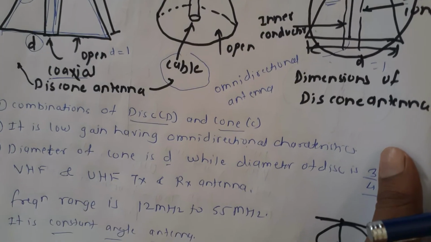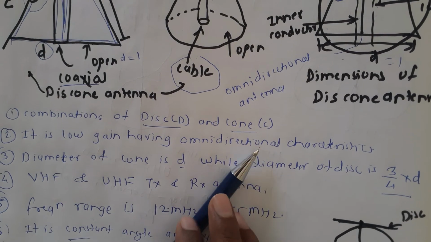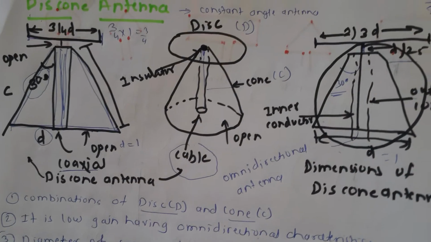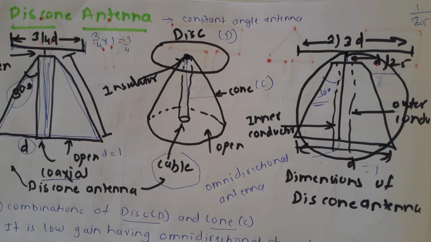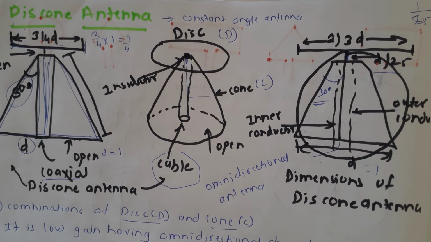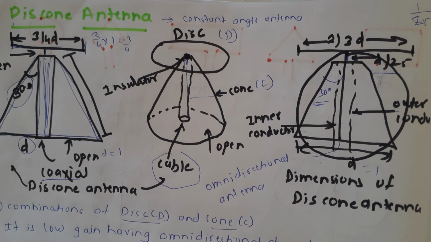So today we saw what a disc cone antenna is, then the structure of the disc cone antenna, what the diameter of the disc is and what the diameter of the cone is. Then the inner conductor is connected to the disc while the outer conductor is connected to the cone.